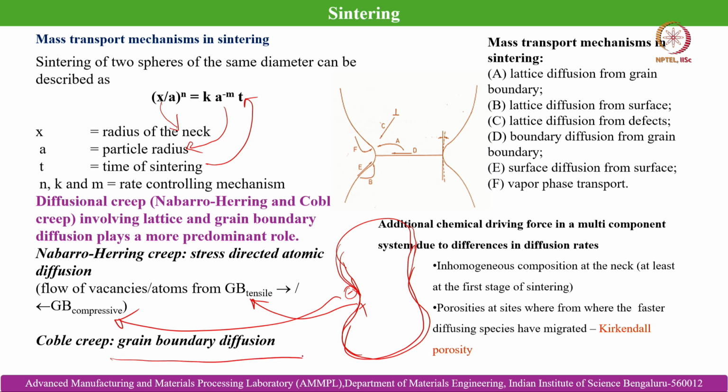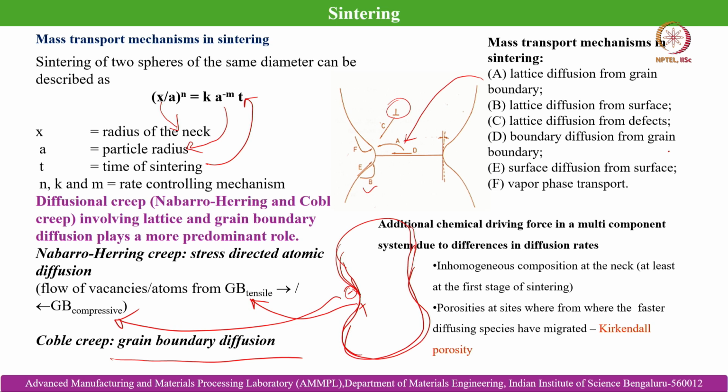So the mass transport mechanisms in sintering are very beautifully marked over here. You can draw your attention over here. There are several mass transport mechanisms that generally happen in case of sintering. Number A is the lattice diffusion from grain boundary, B is the lattice diffusion from surface, and C is the lattice diffusion from defects. This is a typical dislocation, shown as a defect over here.